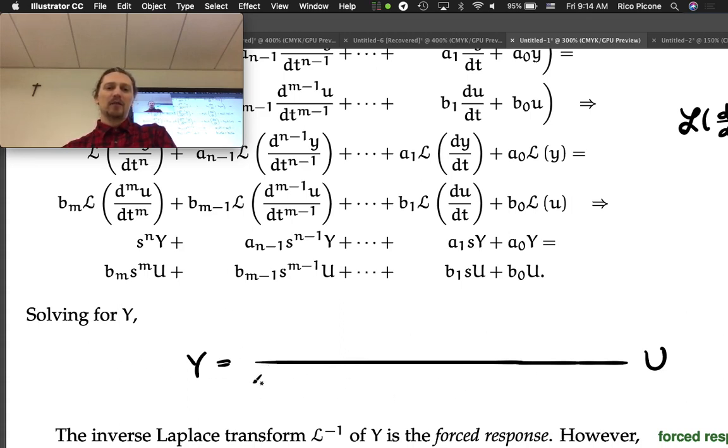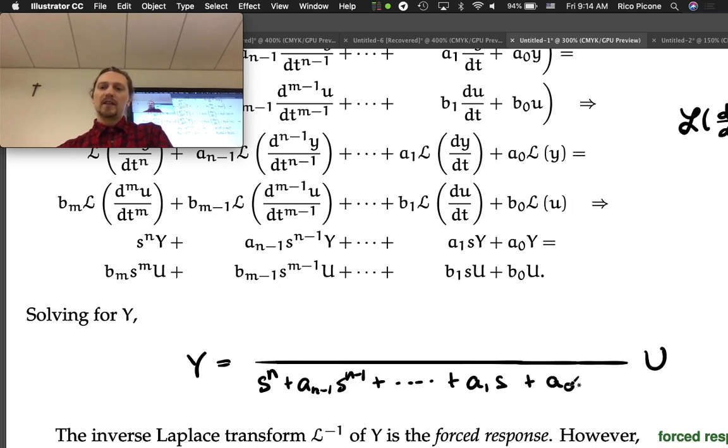Because we have to divide that over. So we're going to have s to the n plus a n minus 1, s to the n minus 1, plus a lot of terms, down to a1 s to the 1, or just s, plus a 0, s to the 0, or just 1, times u.